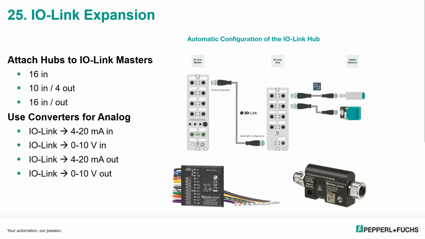So the IO-Link basically ends at the hub and doesn't extend to the sensor. But if that's what they want, that's what you want. So we've got hubs that are just for digital, for example, for inputs or combinations of ins and outs. We've also got converters. So maybe the hub is just one device that converts IO-Link to analog.